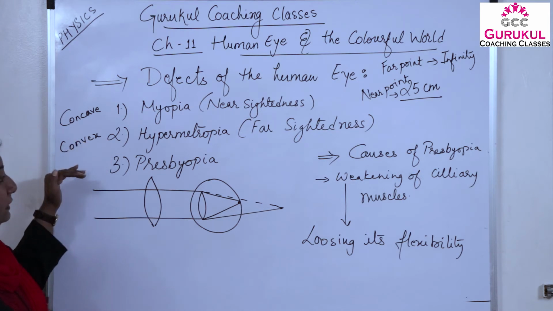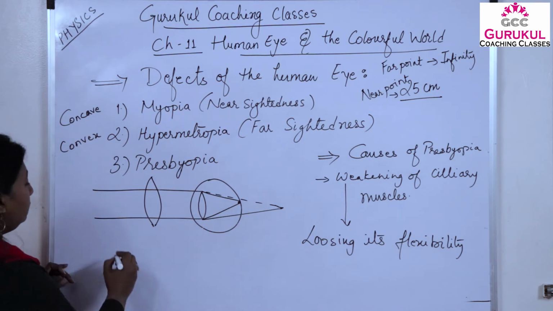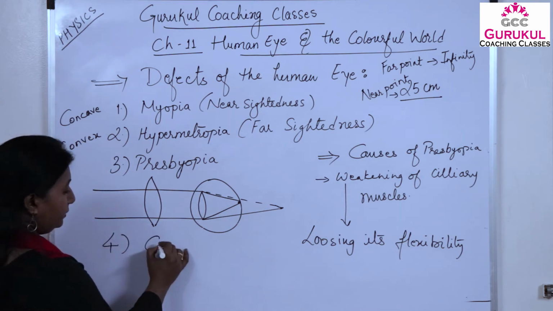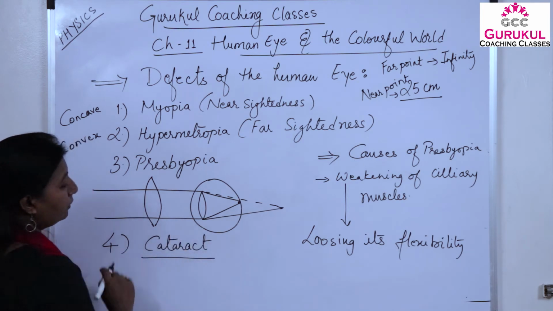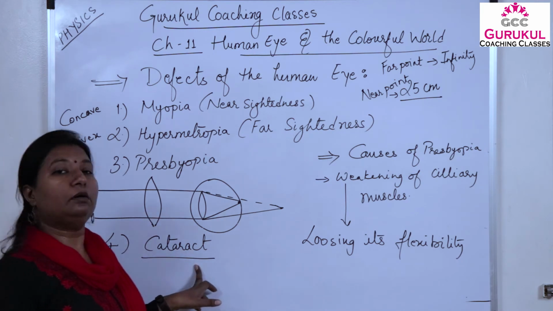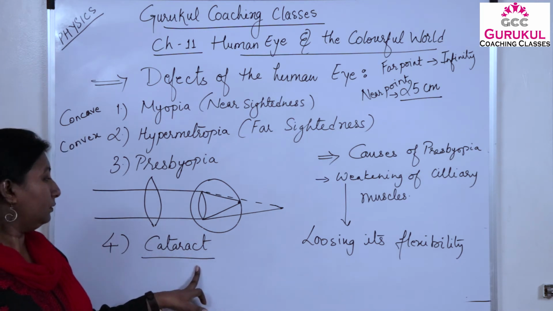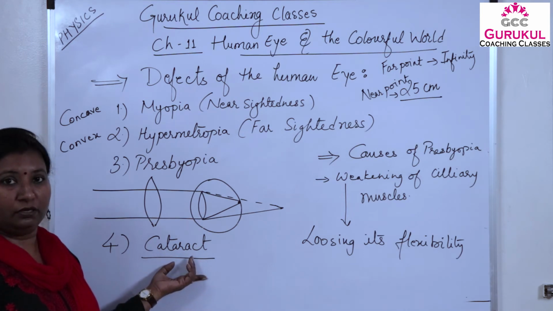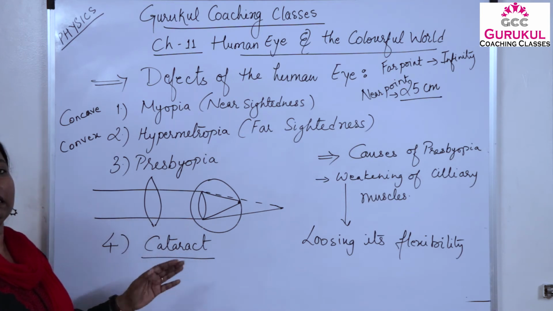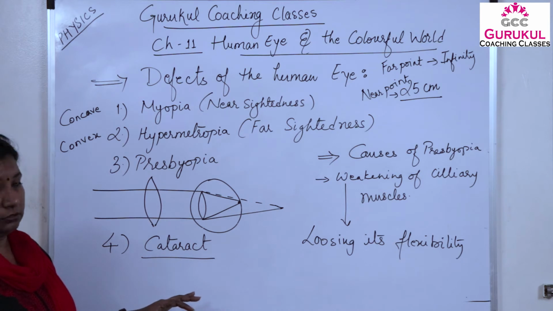Besides these three, we also have a fourth defect, that is cataract. This generally occurs in old age, but it can occur at any age also.